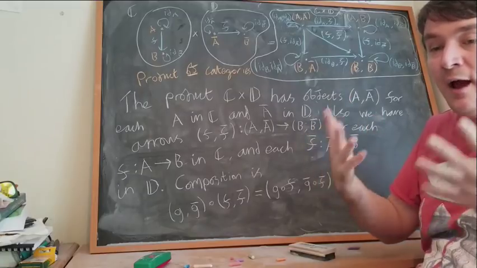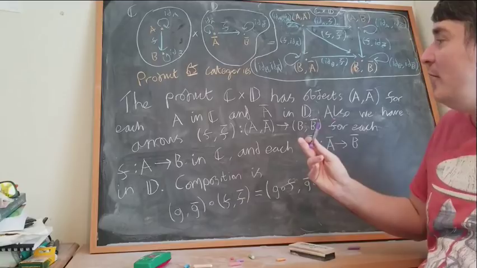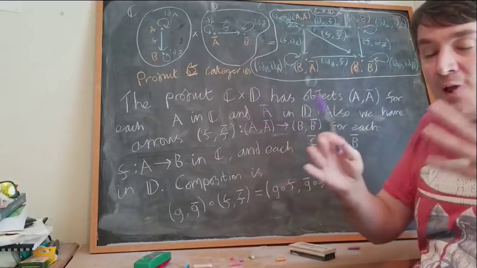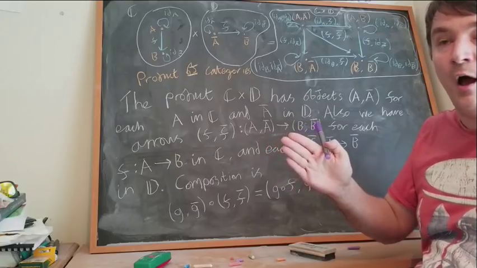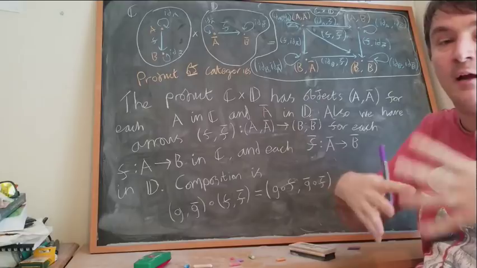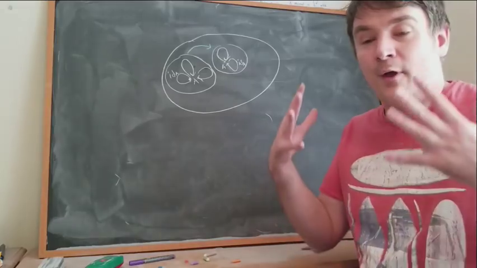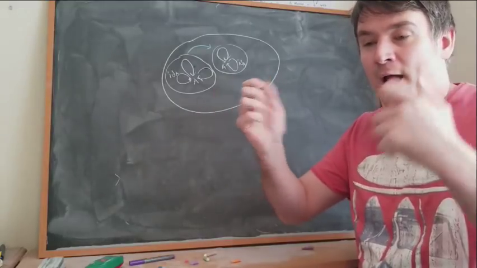If you're feeling adventurous, you might want to try and convince yourself that this actually is what you get if you ask what is the categorical product of a pair of objects in this category of categories. So now we know how to define the product of two categories.